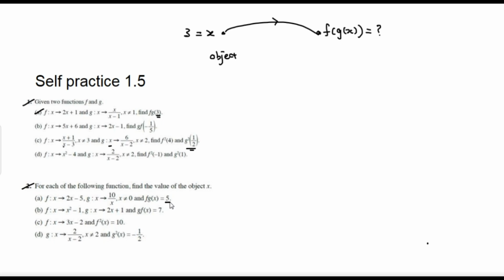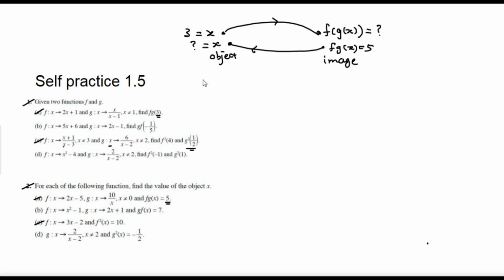They give you the image: fg(x) is equal to 5. This is the image. Then you are required to find the corresponding object. That means you have to determine the value of x. So I will demonstrate how to solve 1a and 1c, 2a and 2c, and then the rest you have to solve on your own.